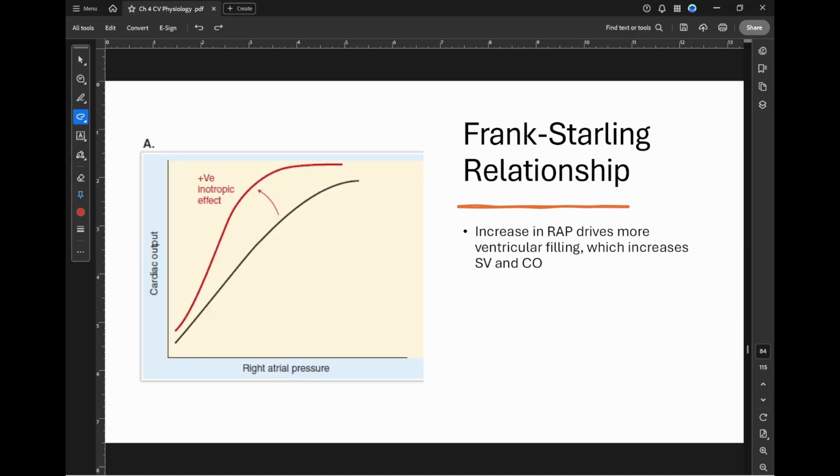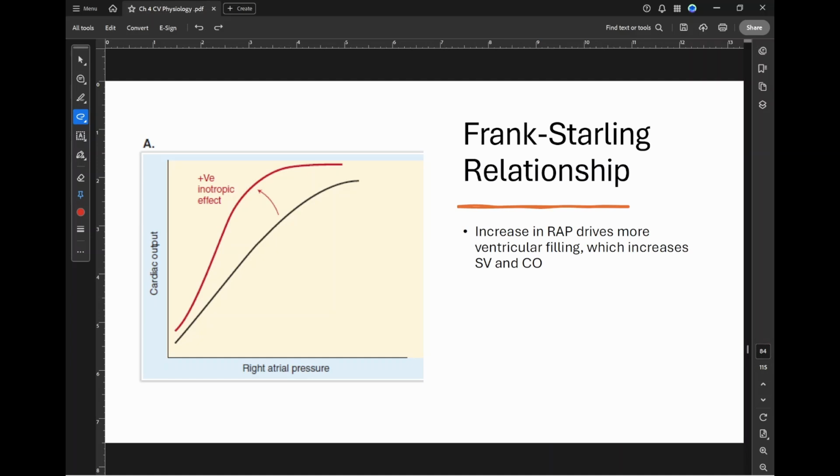Here's our Frank-Starling relationship again, the contractility curve. Obviously we know an increase in right atrial pressure drives more ventricular filling. So if we get more blood coming into the right atrium, more blood is going to be in the left ventricle. More blood in the left ventricle at end diastolic volume is going to increase what? More blood, end diastolic volume, preload, increase your preload.